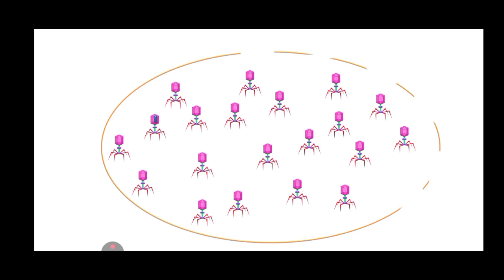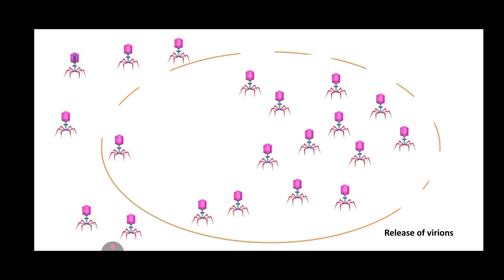Upon multiplication and assembly of the phage inside the bacterial cell, the cell, beyond its limit, starts to lyse, and through the lysed structures the virus will come out as a mature infectious virus particle.